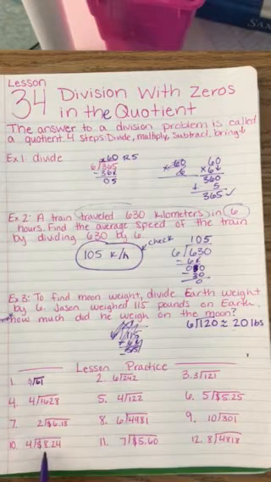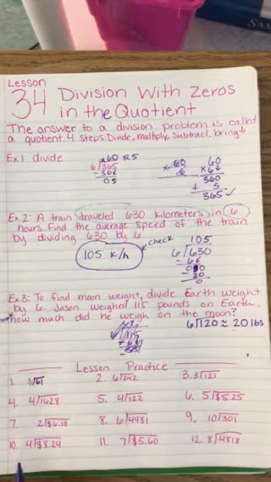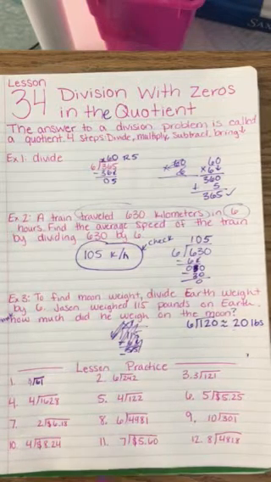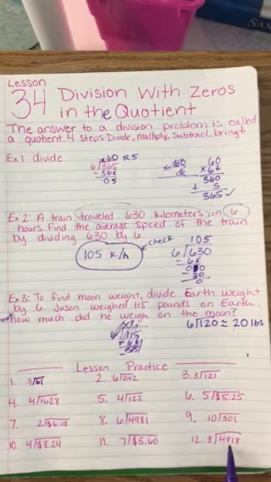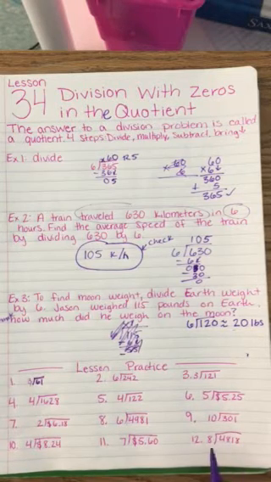Number 10. $8.24 divided by 4. Number 11. $5.60 divided by 7. And last but not least, number 12. 4,818 divided by 8.